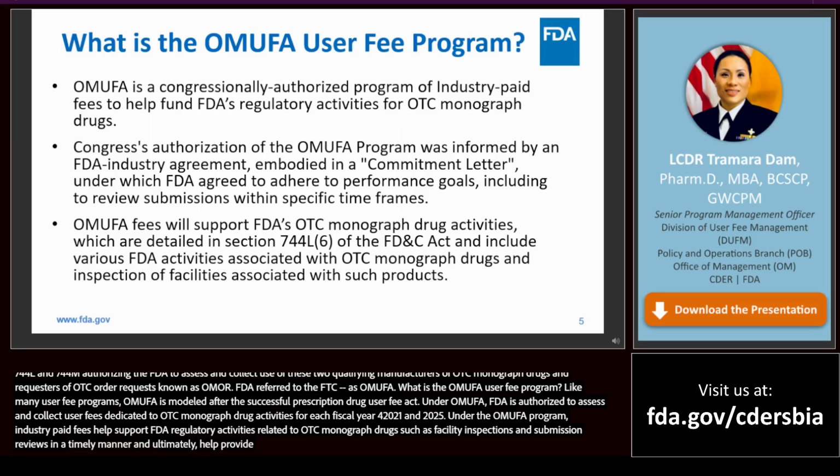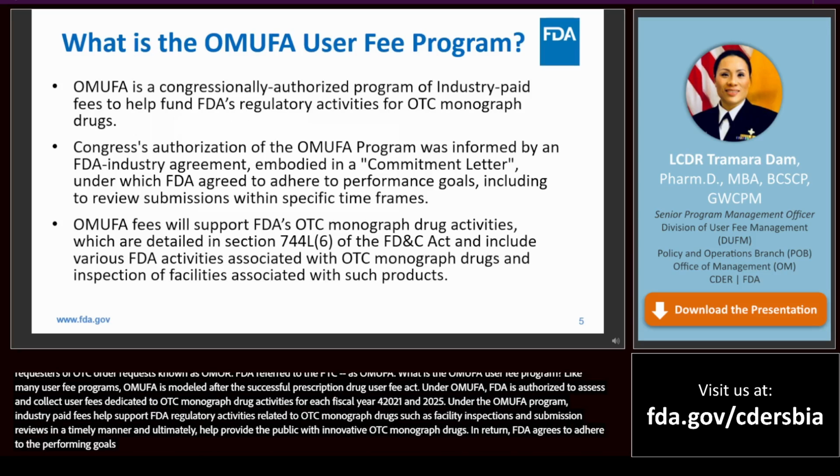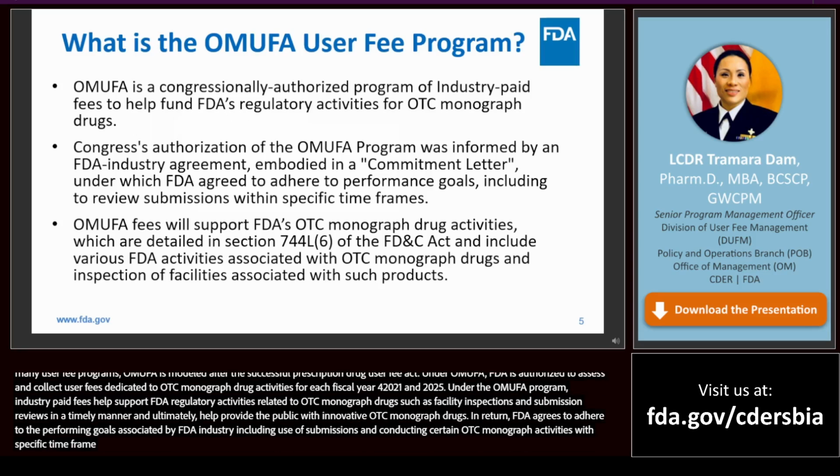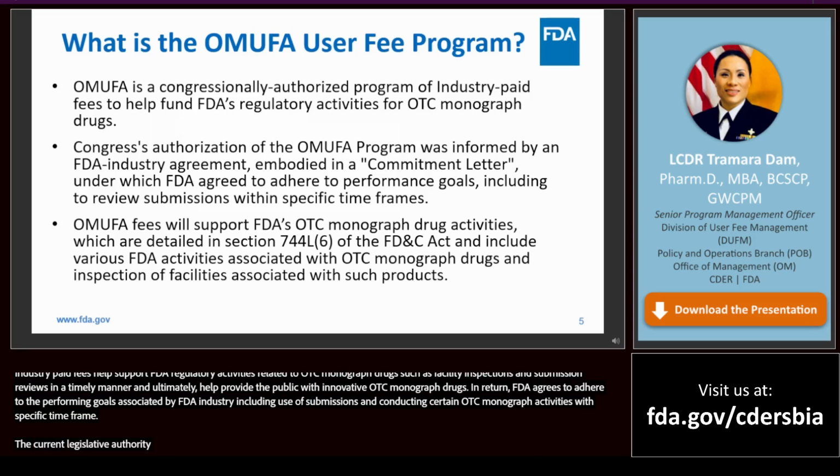In return, FDA agrees to adhere to the performance goals negotiated by FDA and industry, including reviewing submissions and conducting certain OTC monograph activities within specific time frames. The current legislative authority for OMUFA expires September 30, 2025. At that time, new legislation will be required to reauthorize the OMUFA program for future fiscal years.